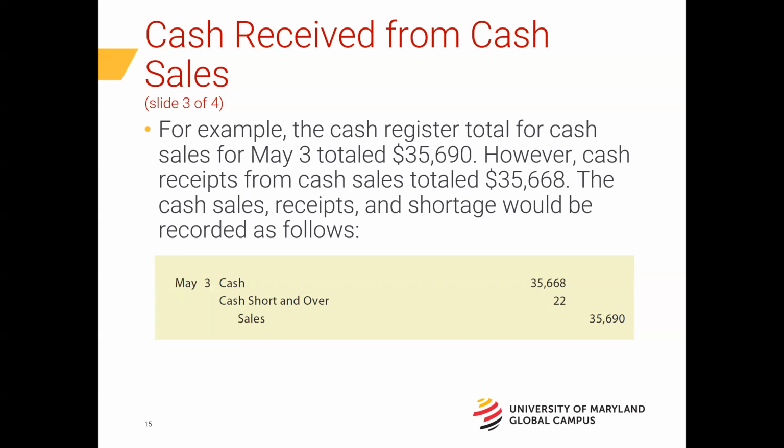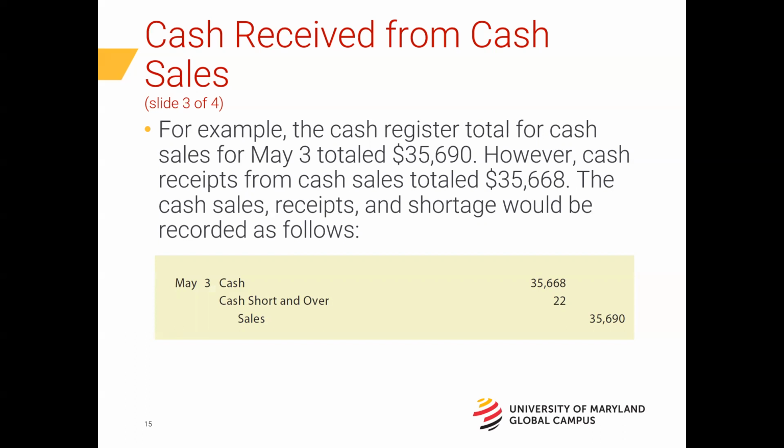However, the cash receipts sales totaled $35,690, which means that we failed to collect $22 in cash from our customers. Uh-oh. So how do we document this? What is the transaction? What is the journal entry?